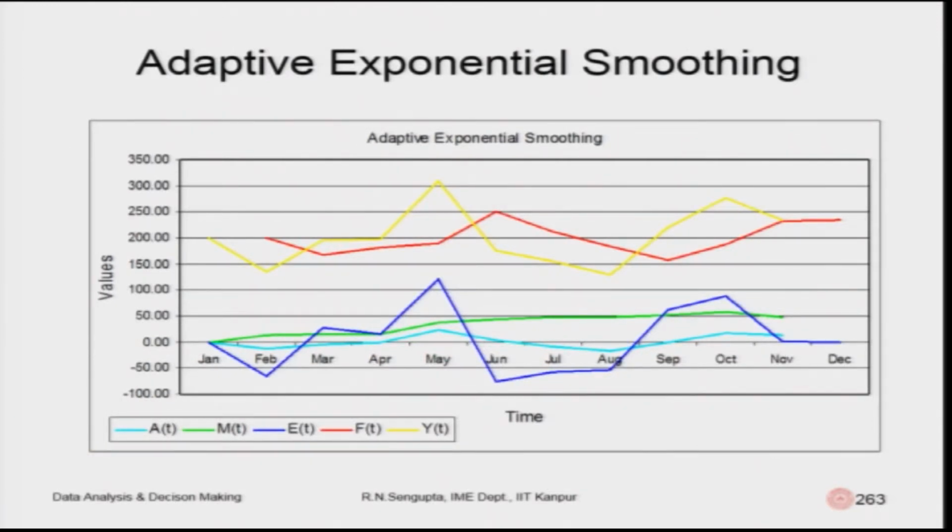For the adaptive exponential smoothing, I now basically write the values of A and M corresponding the t values, and then also I draw the errors, which is the blue line. So, obviously, in the long run, the expected value for the error or the average value of the error should be 0, and obviously, we will consider that if the values of the variances of the errors are not changing, we can find out the variances of the errors also correspondingly.